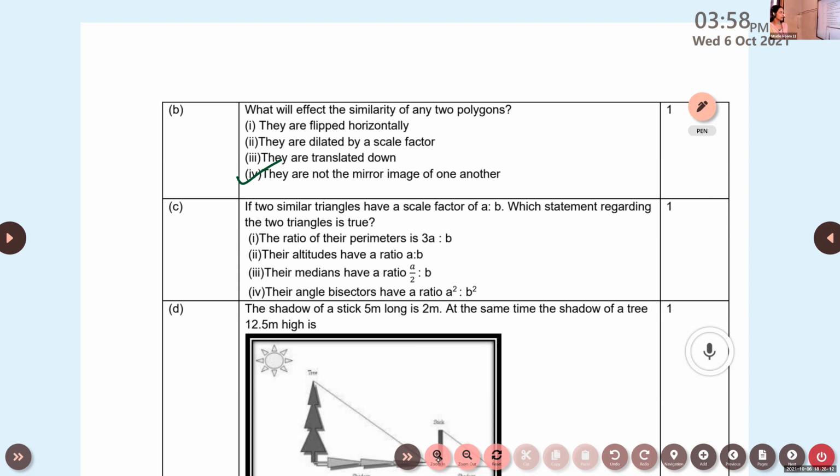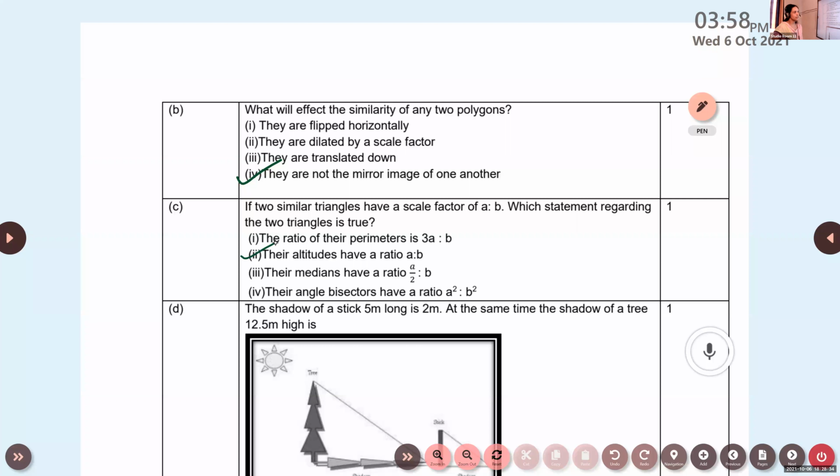If 2 similar triangles are in a scale factor A is to B, which is true? The perimeter? Second option is correct. The altitudes have the ratio A is to B.